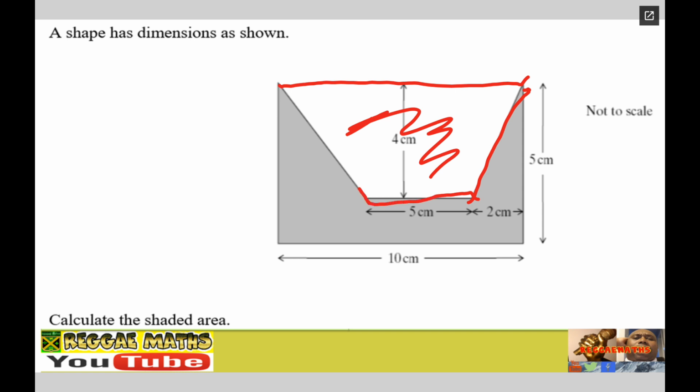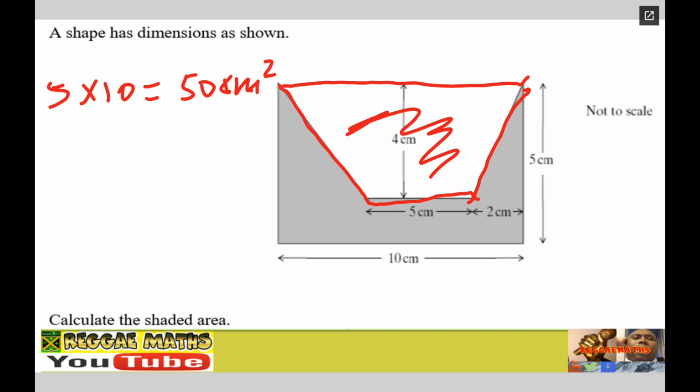So work out the area. 5 times 10 is 50 centimetres squared. Always remember to put your unit in.